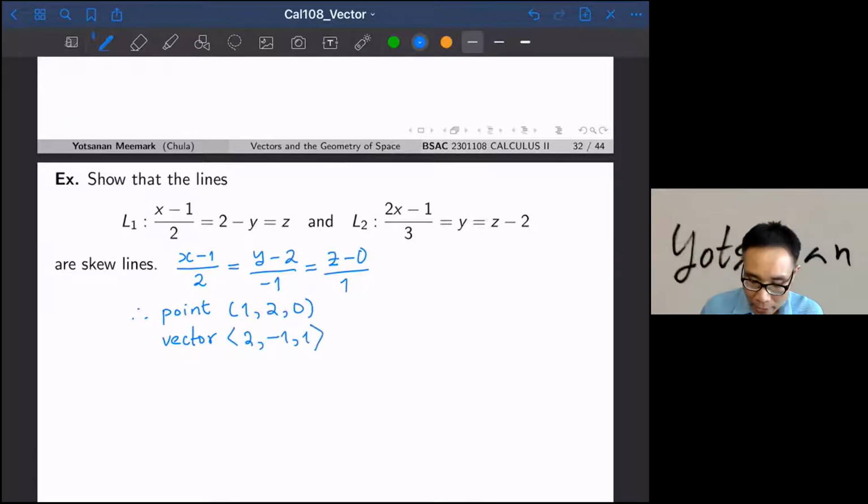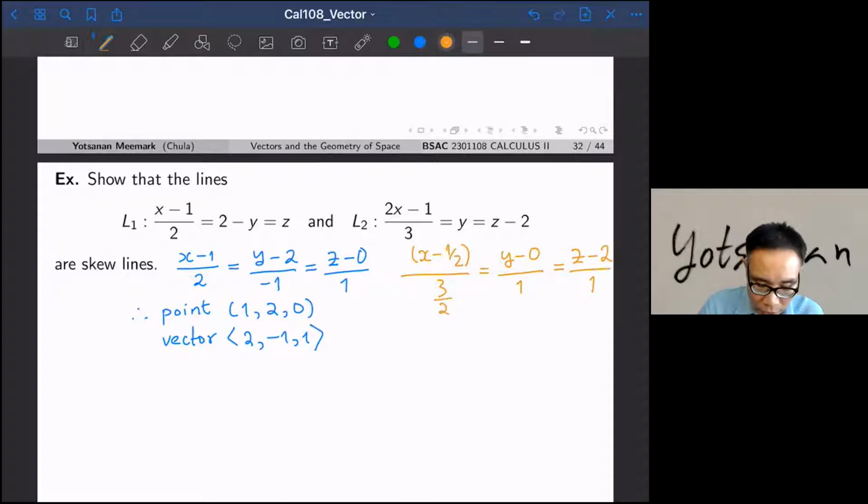For another one, you see that this can be put in terms of x minus 1/2. So you must move the 2 out. It's going to be x minus 1/2 over 3, y minus 0 over 1, and z minus 2 over 1. You also see that these two can be moved down here.